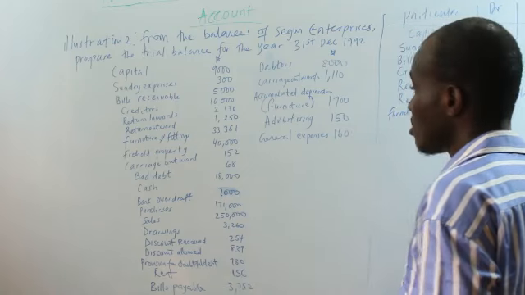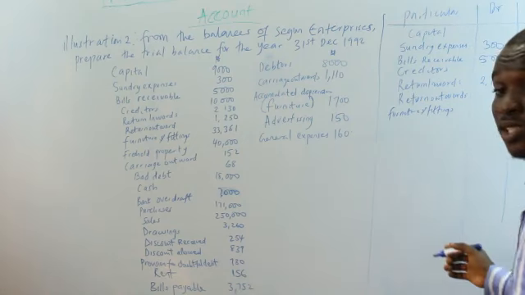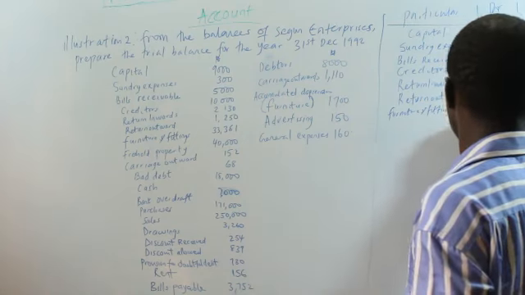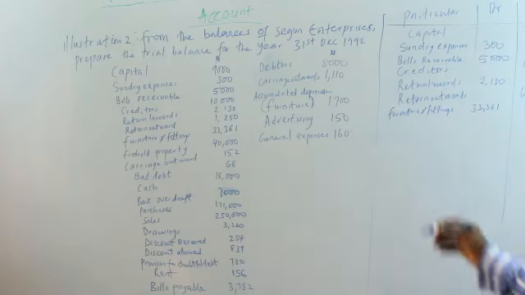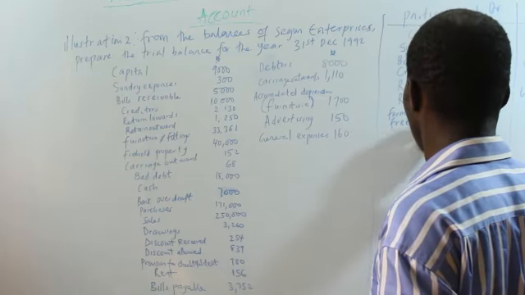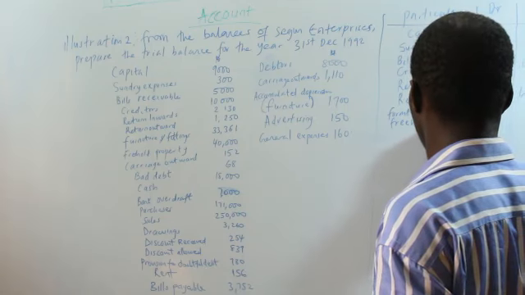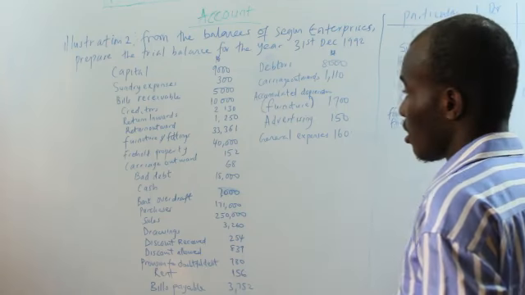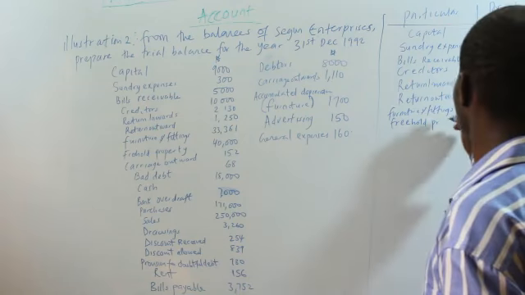Furniture and fittings is a fixed asset that will have a debit balance. All assets should be debited. So we also have freehold premises, or property rather.